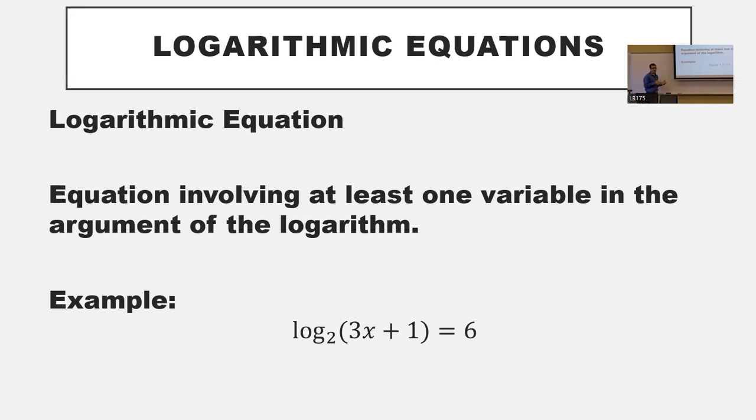In the same manner, when we talk about a logarithmic equation, we don't mean any equation that involves log. Like if I have log base 2 of 47 is equal to x, that's not a logarithmic equation because I can just calculate log base 2 of 47. That's what we just saw, 5.55. What a logarithmic equation is in this class is an equation involving at least one variable in the argument of log, so on the inside of those parentheses.